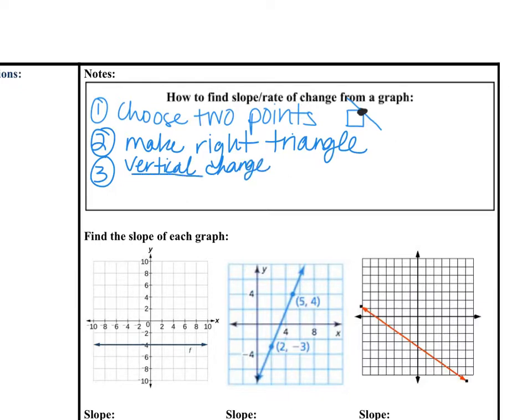So if you would rather write rise over run, that's fine with me. They're your notes. Vertical change over horizontal change, or if you want to write here, rise over run. It's the same thing.